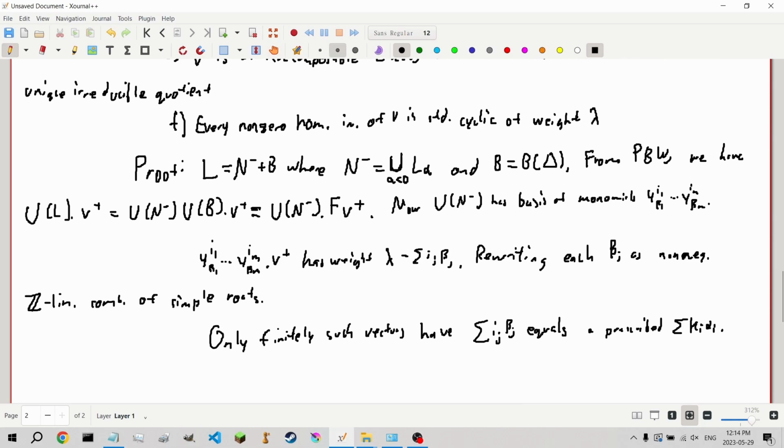From part A, these span the weight space V mu, for mu being lambda minus the sum of k_i alpha_i.